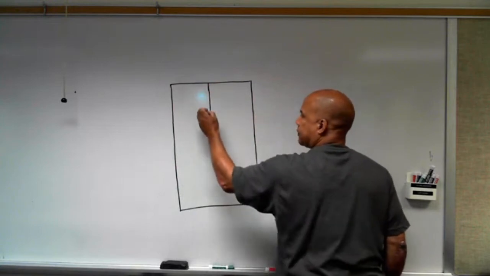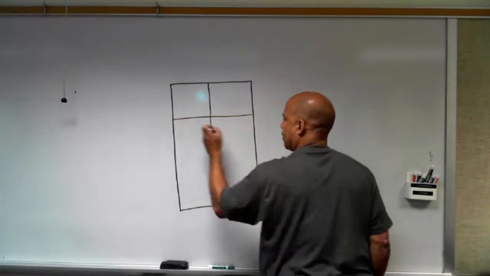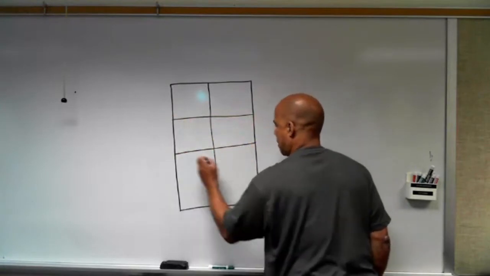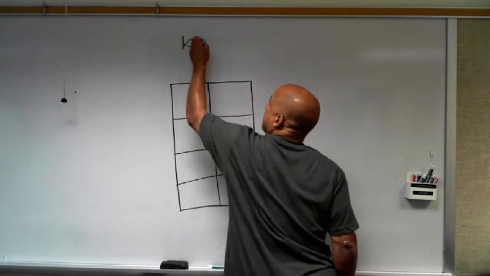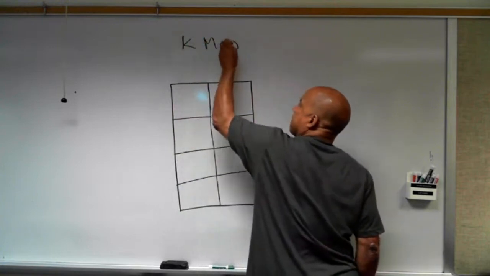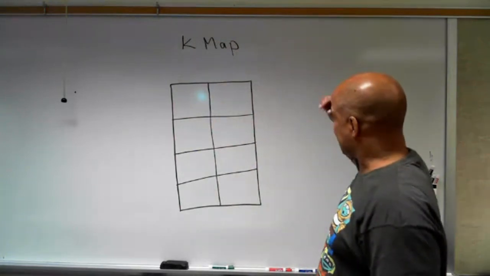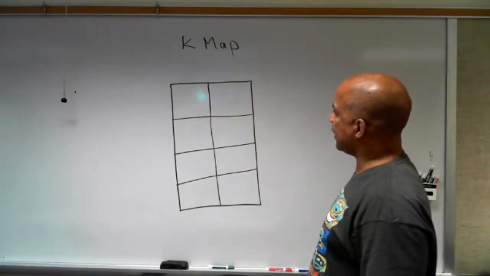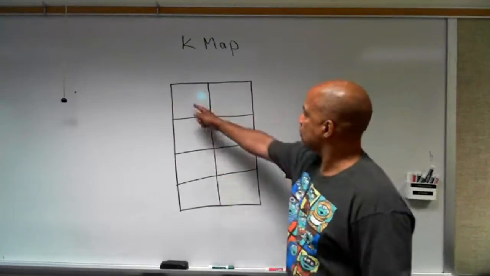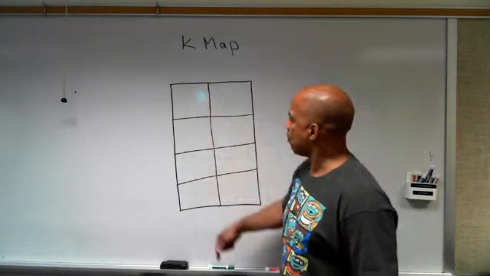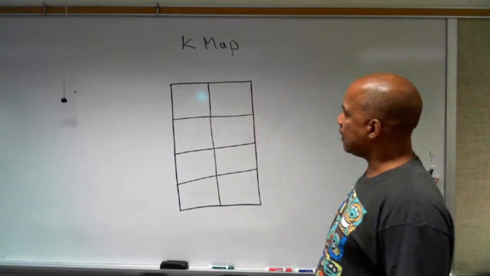So this is a K-map. We call this a 2x4 K-map: 2 columns, 4 rows. And they expand from there. We want to start with this one.